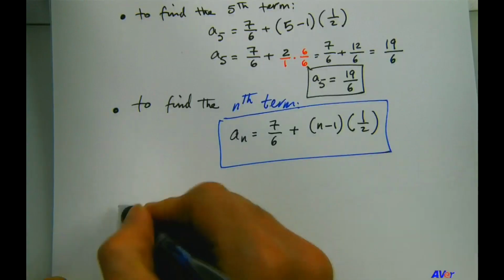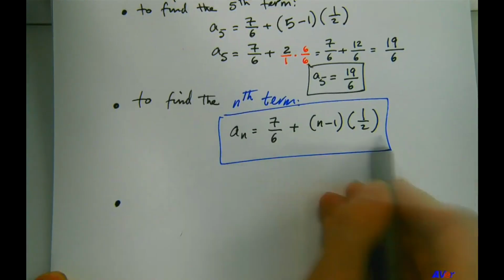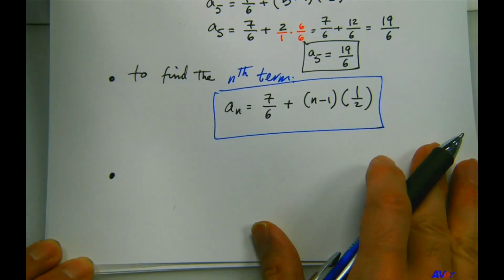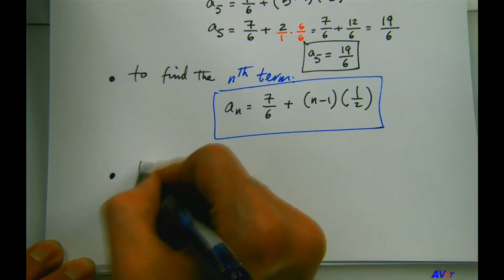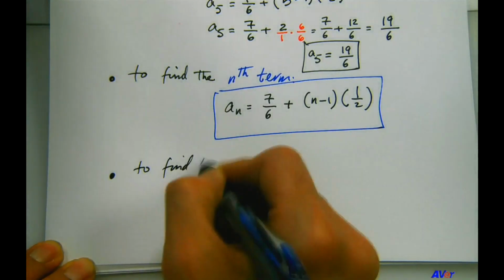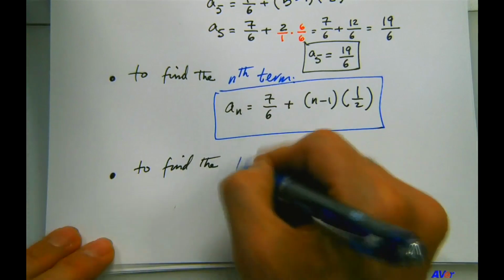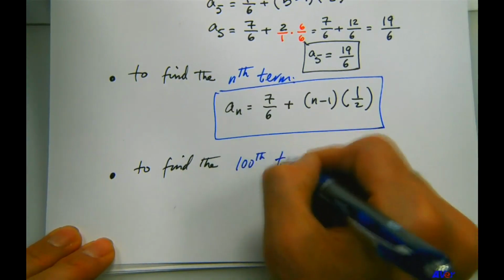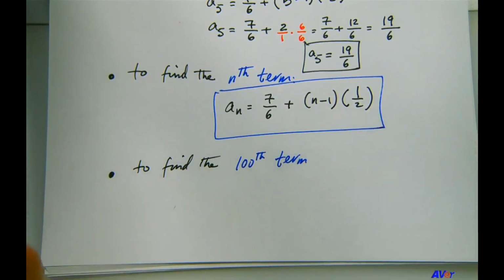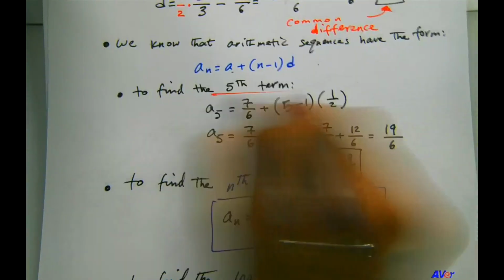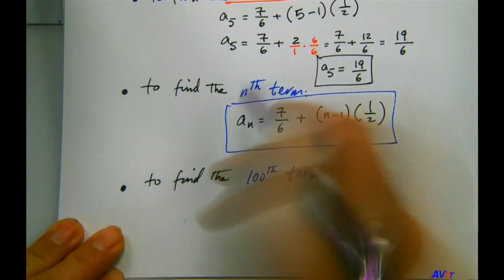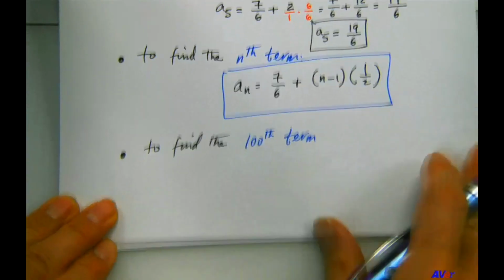So let's find that. Definitely we can use the help of this formula right now, right? So to find the 100th term, and this was the 5th term, the nth term, and the 100th term.